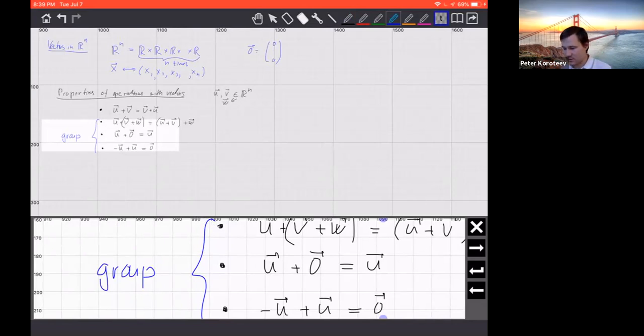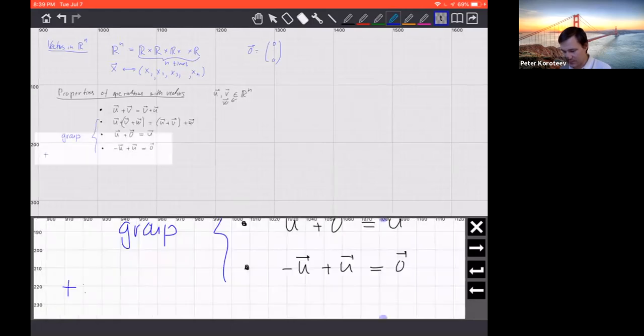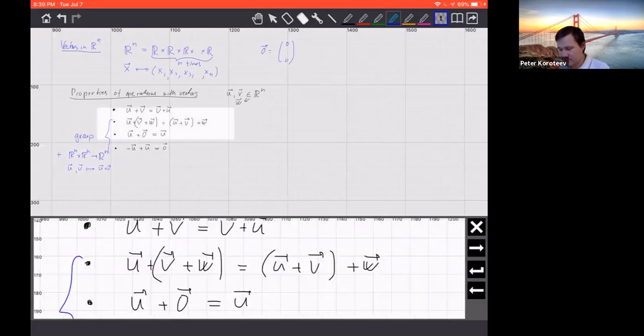So addition takes 2 vectors, u and v, and assigns them another vector u plus v, which is also a vector. Now, this operation is associative, so the second property is true.